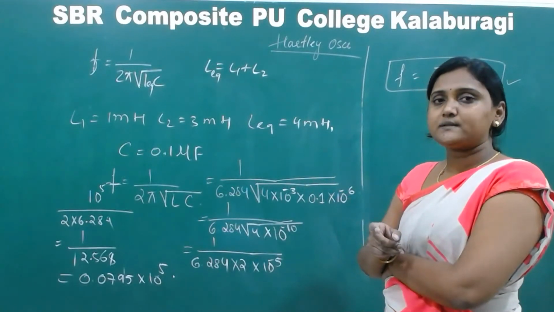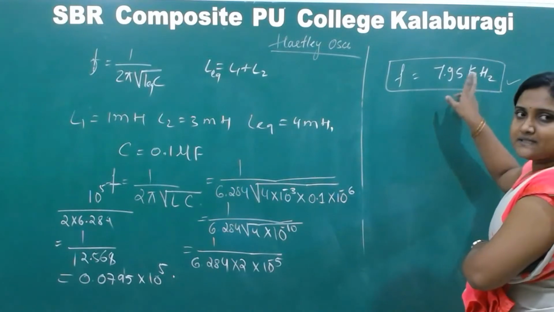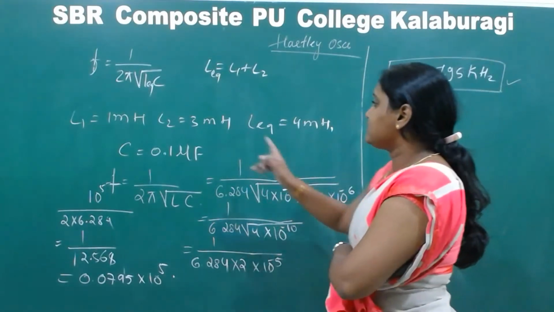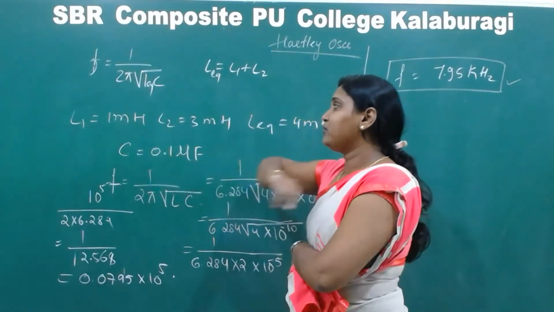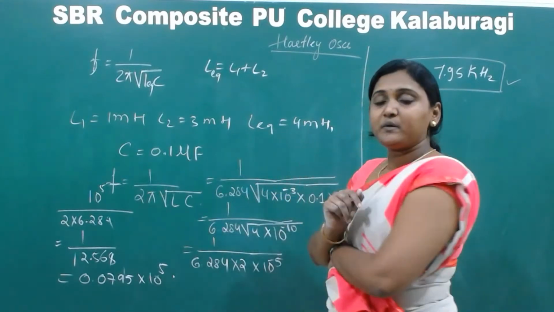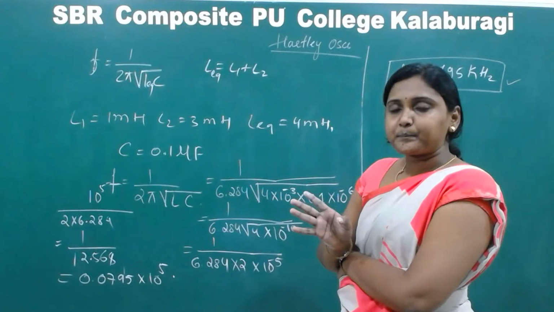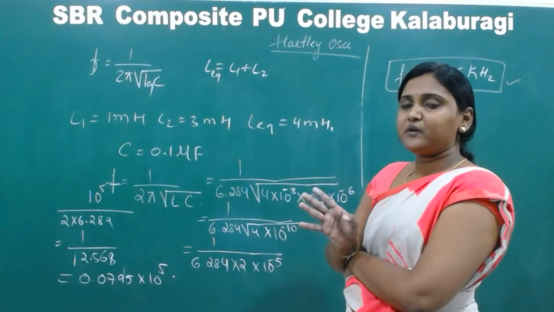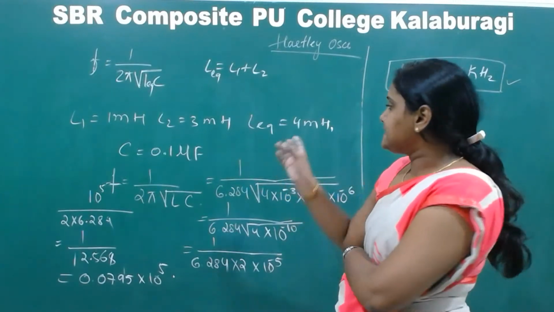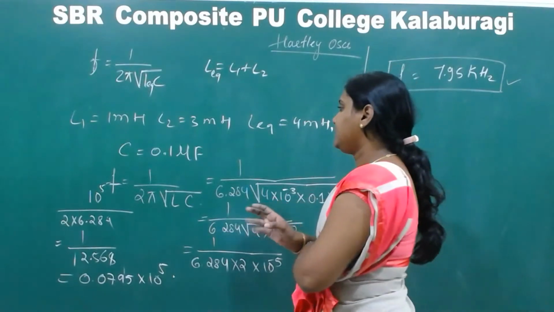Don't forget the units. Mention in terms of kilohertz, megahertz, standard values. And also you have to remember the powers. Milli means 10 to the power of minus 3, micro means 10 to the power of minus 6, nano 10 to the power of minus 9, pico minus 12. Kilo 10 to the power of plus 3, mega plus 6, giga plus 9. At least these important powers you need to know.